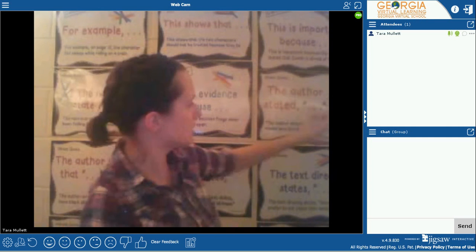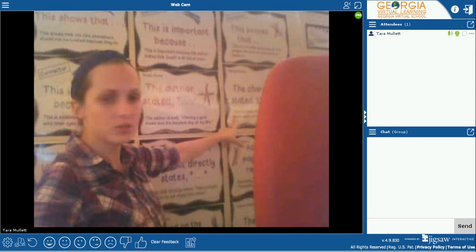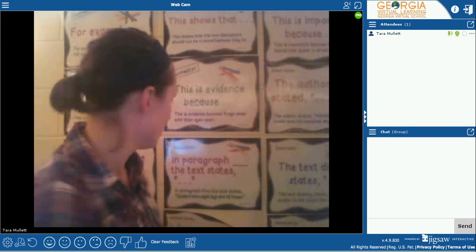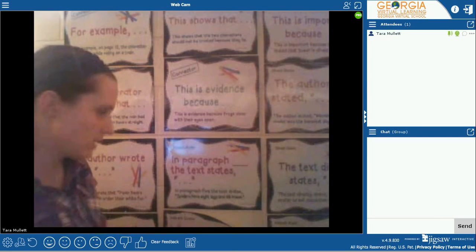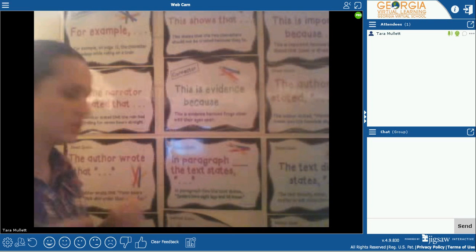The author stated, so you could also say Twain stated on page whatever. The character stated, so that's a little bit more specific to, especially, literary analysis. You can use those. Let's see where are some other good ones. Based on the information given in the text, that's a great one that you can use.